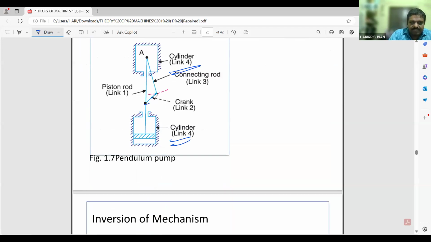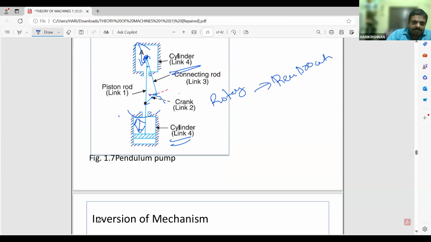There is a link known as the crank. When this crank is rotating, the connecting rod connected at A will also move. When A moves, the piston inside the cylinder will start oscillating. So whatever rotary motion is there is converted into reciprocating.